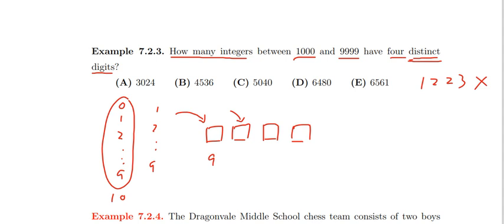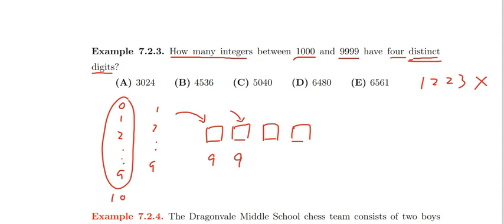So we have 9 choices. Like if the first one is 2, then for the second one we can pick 0, 1, 3, up to 9, but it cannot be 2, right? So in total we have 9 possible ways.